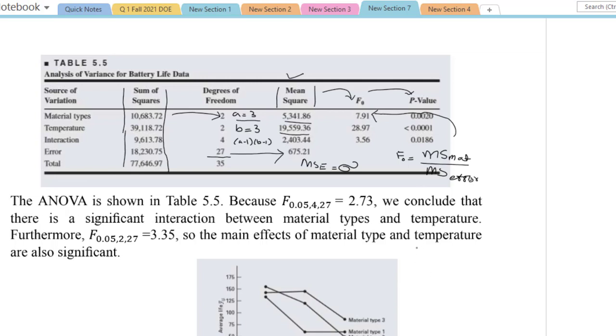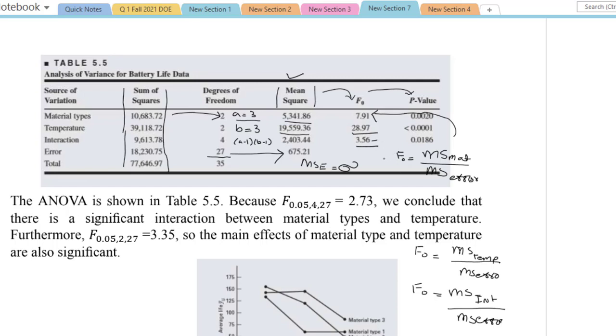Same is the case if we want to calculate the F naught value for temperature: we will use MS temperature divided by MS error. So this is our second F naught value, that is 28.97. The F naught value for the interaction will be taken as mean square of interaction for A and B, divided by MS error. So we will get 3.56.